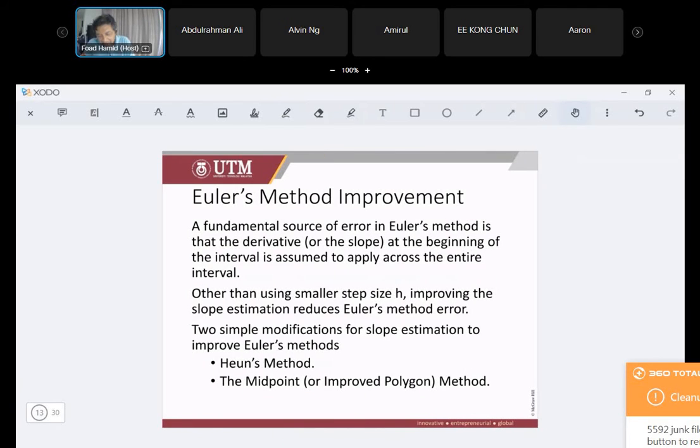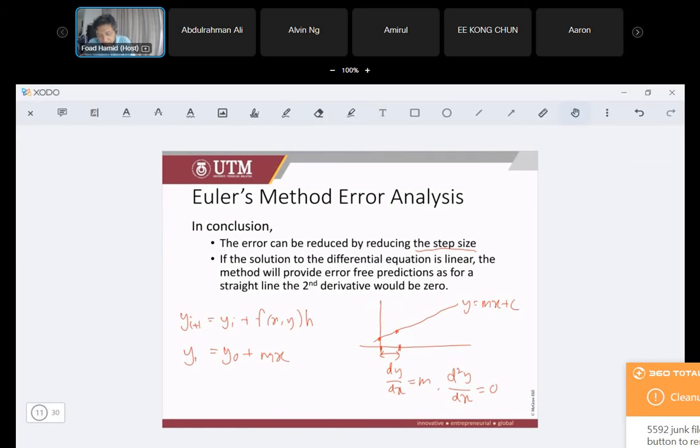So this is what it says here. Other than using a smaller step h, improving the slope estimation reduces Euler's method error. The yi, or the initial y, we cannot do anything about it. There are only two things that we can modify here. We tried making h smaller, and we can see there is some improvement.